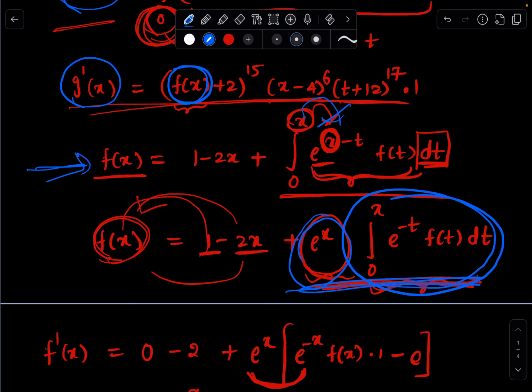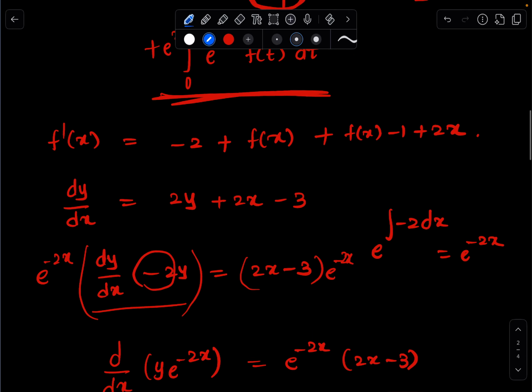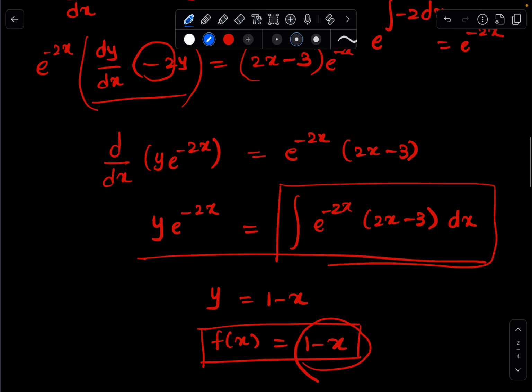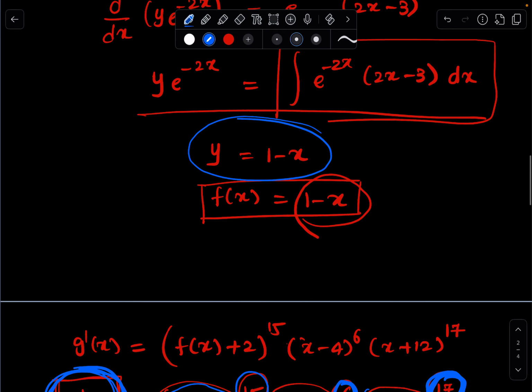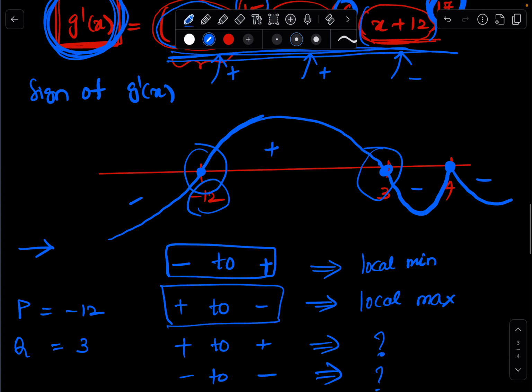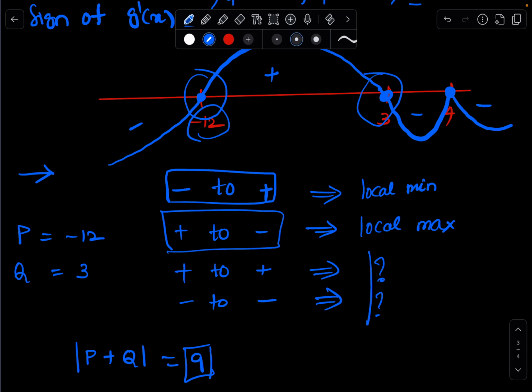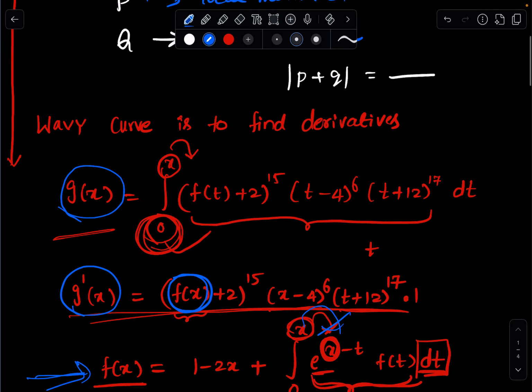Okay, this is most important thing that you should do. And after that, eventually you find the value of f of x by solving the differential equation, and then what you have is your g dash of x. So then you have to use the wavy curve method. So do let me know what will happen when you have a transition from plus to plus and minus to minus in the comment section.